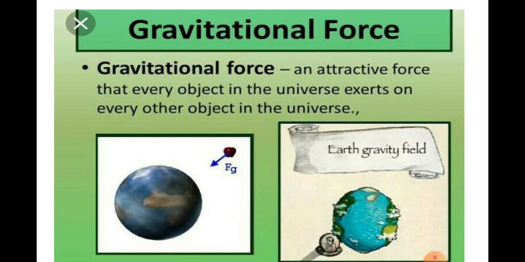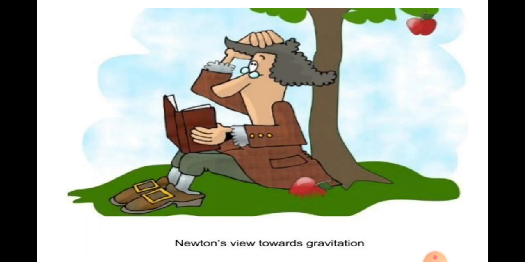Whereas the force with which the earth pulls all objects towards its center is called the force of gravity, or just gravity. And this concept was given by the English scientist Sir Isaac Newton.